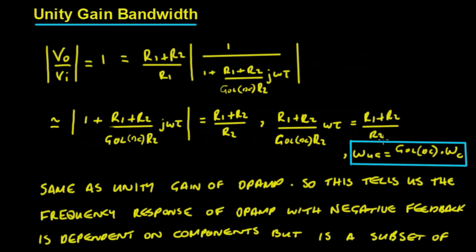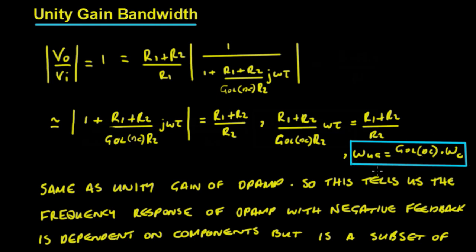So we can cancel out our R2s and our R1 plus R2 with R1 plus R2 there, and then we keep our value of omega here. So this will be our omega at unity gain. That's going to equal the open loop gain at DC times 1 upon tau, which is just equal to our omega c.